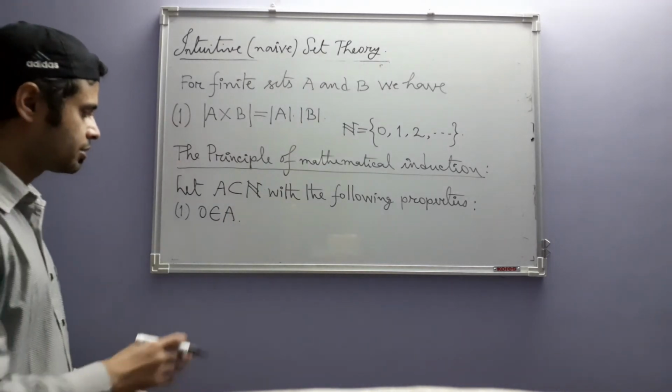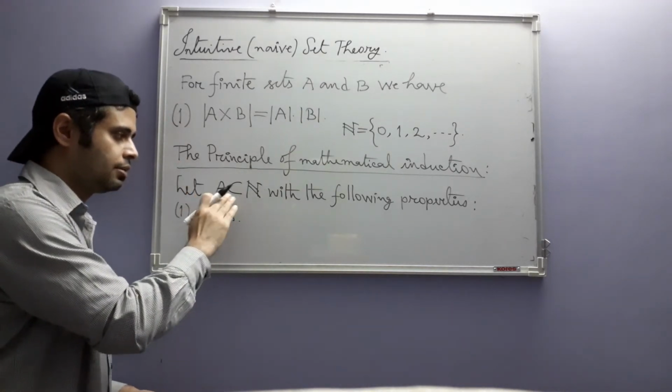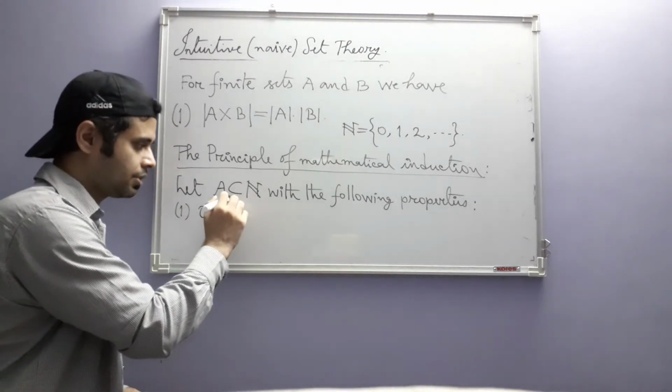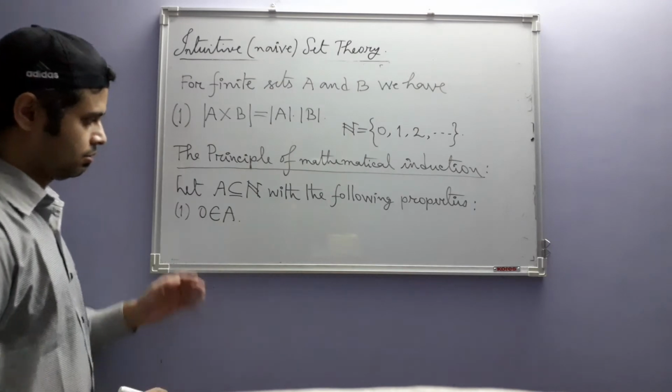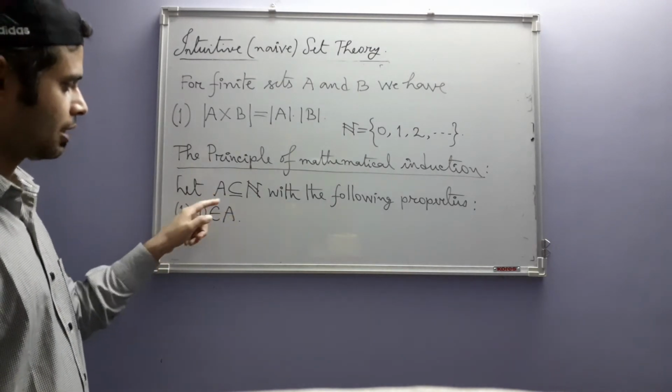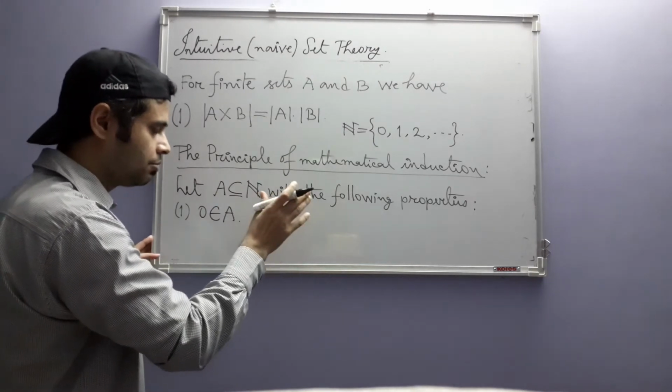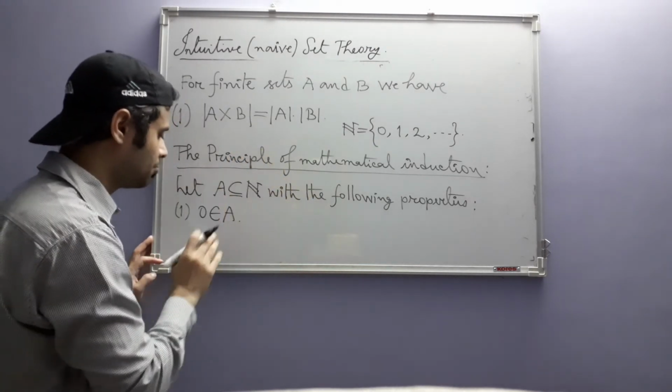So I have considered a set A in N means it's a subset of N. Okay, I should have written like this, otherwise it would be a proper subset. So A is any subset of N satisfying two properties.